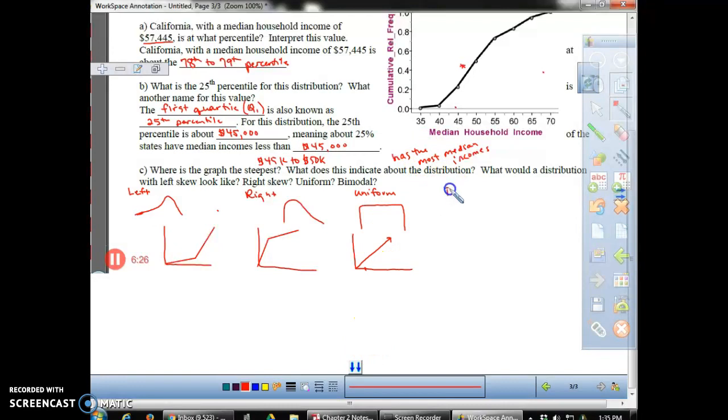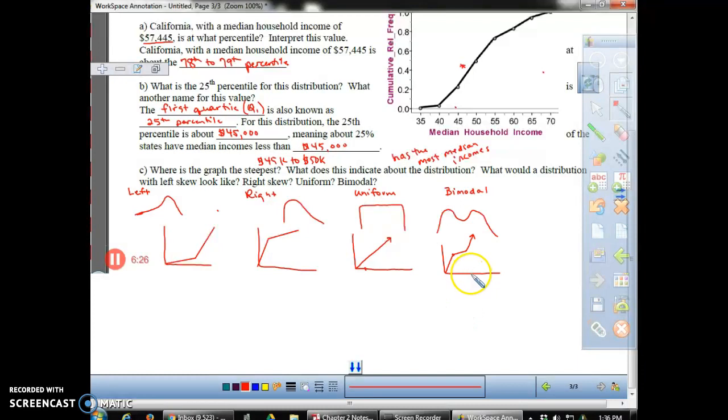And then what about bimodal? Bimodal, we know, can look like something like that, which means that you're going to pretty much go up pretty quickly, but then for this peak here, this dip right here, you're not going to have many observations, some, but not many, and then you would pick back up again.